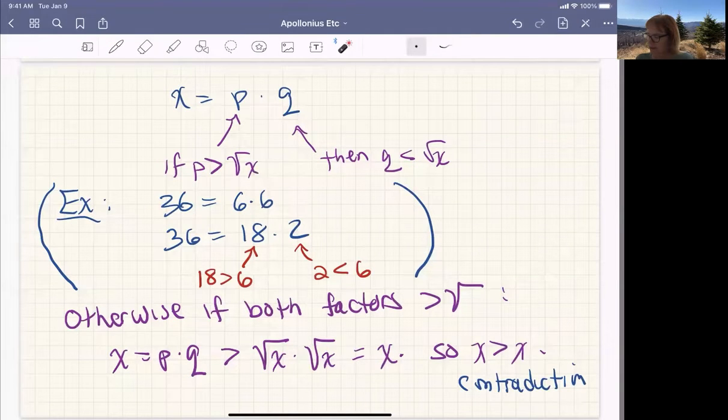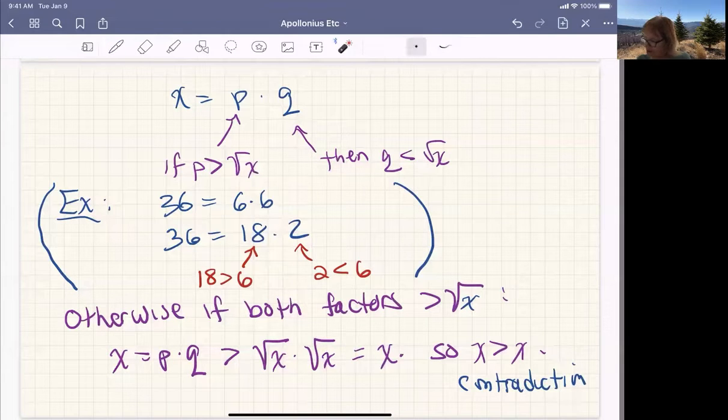And let's notice something. If p is greater than the square root of x, then q must be less than the square root of x. Why? Otherwise, if both factors are greater than the square root of x, here's what happens.